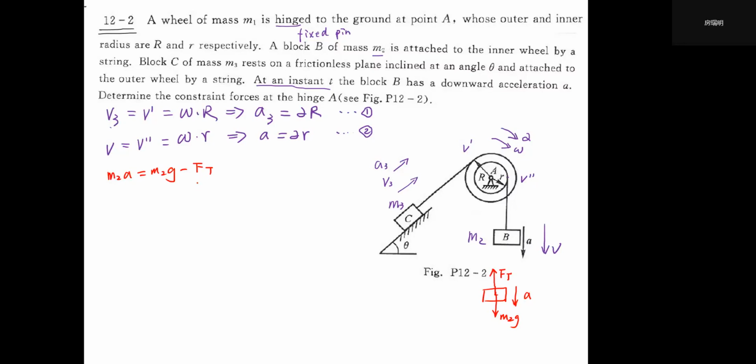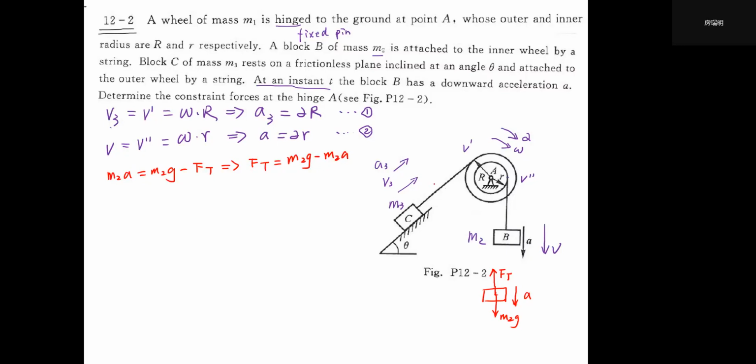So we find Ft equals m2g minus m2a. We just move this term from right to left, so it becomes positive. So Ft equals m2g minus m2a.